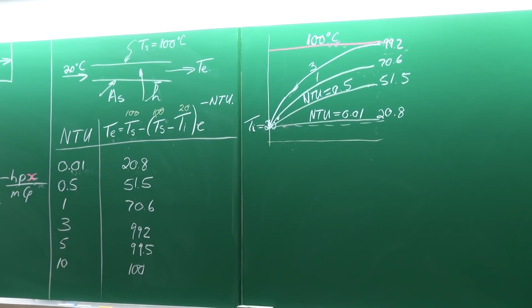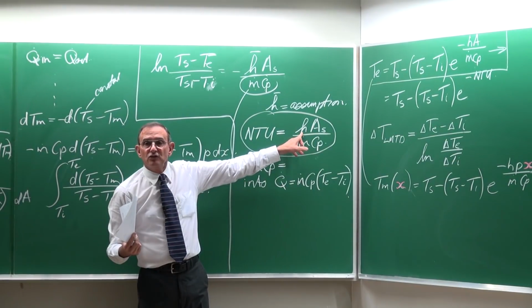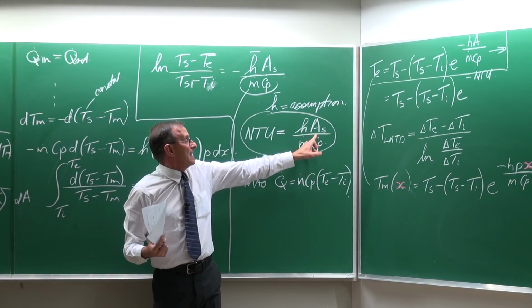So for you as a designer, if you look at this, this is in many cases the place where you have to start doing a design. You can see that from 3 to 10, the NTU has to increase by about 3 times. To increase the NTU, you need to either increase the heat transfer coefficient or the area.